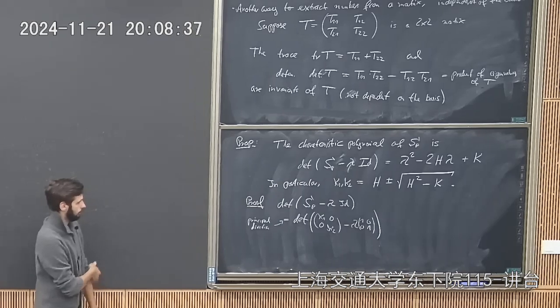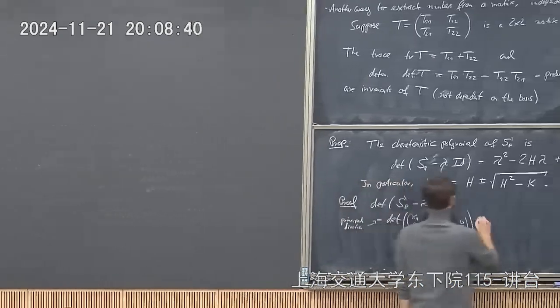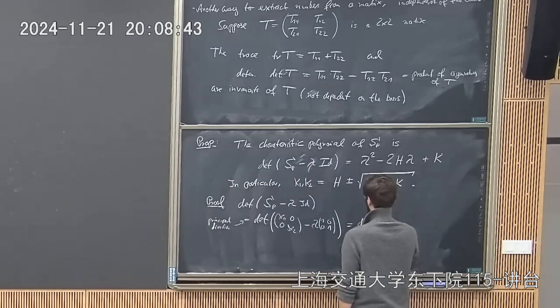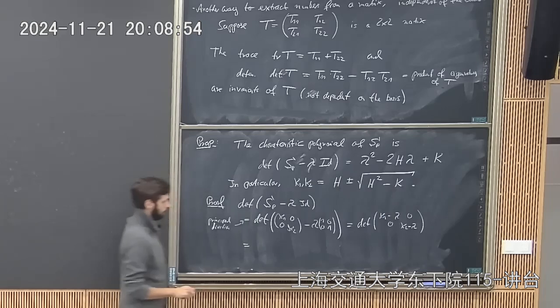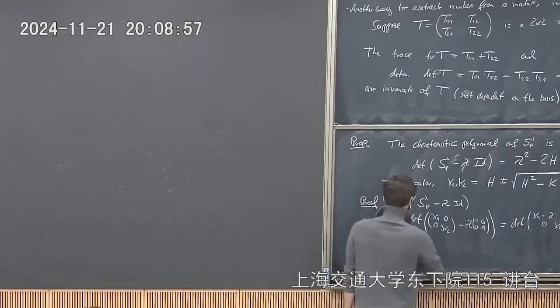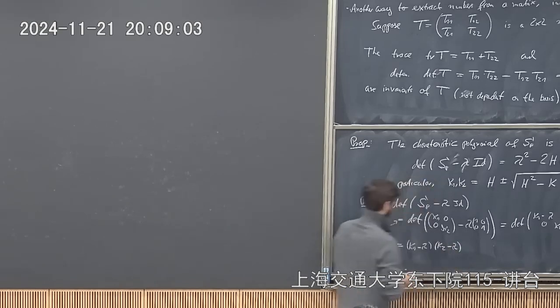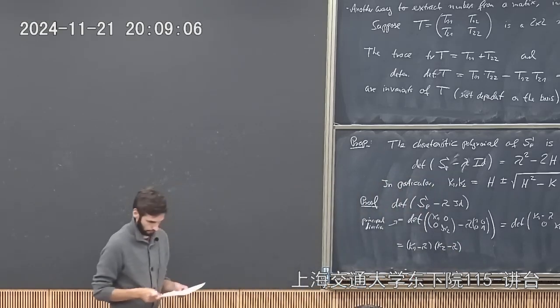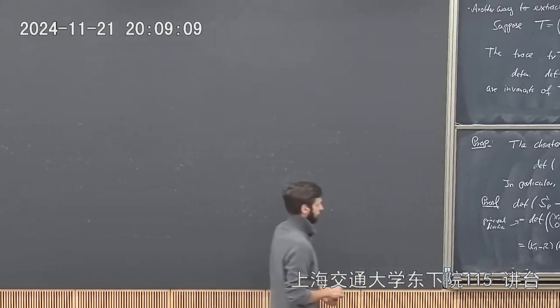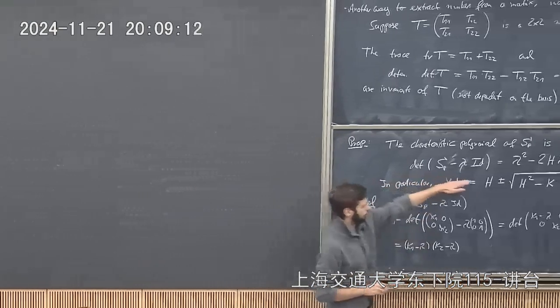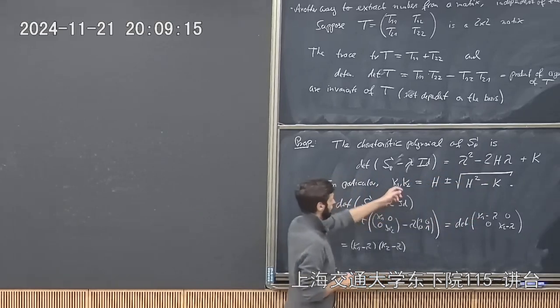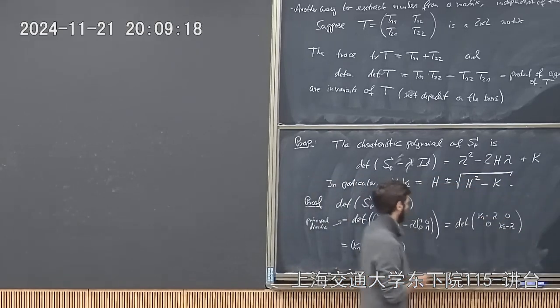So that's the determinant of this operator, which is nothing other than kappa 1 minus lambda, kappa 2 minus lambda, and zeros off the diagonal. So it's just the product of kappa 1 minus lambda times kappa 2 minus lambda. And now if you expand that, you get immediately this expression once you realize that is h and there's k in there.